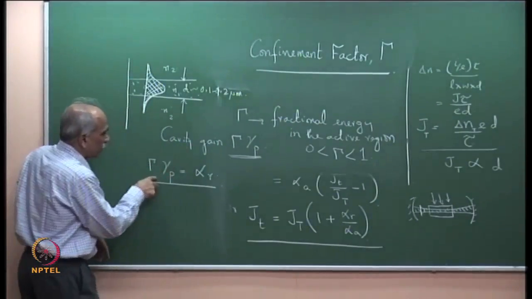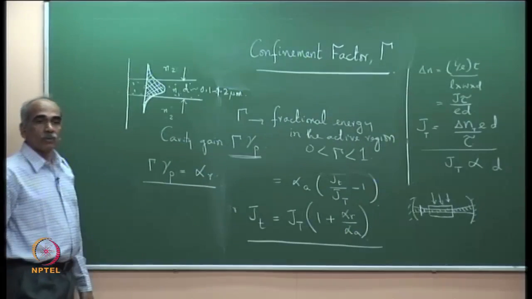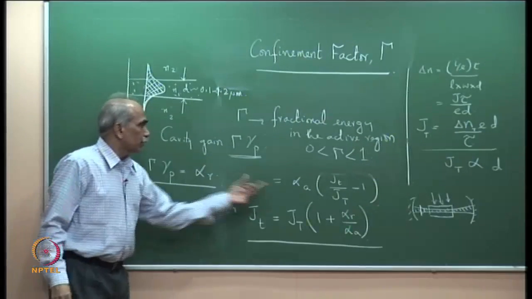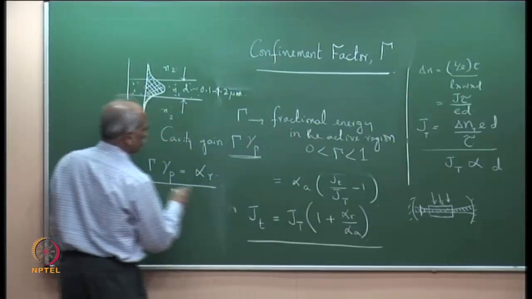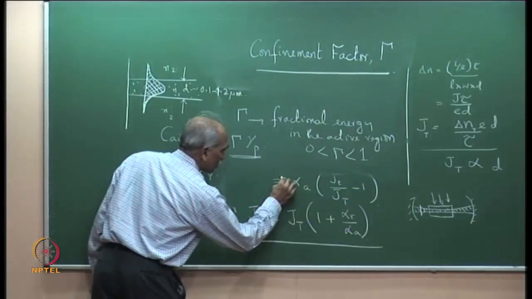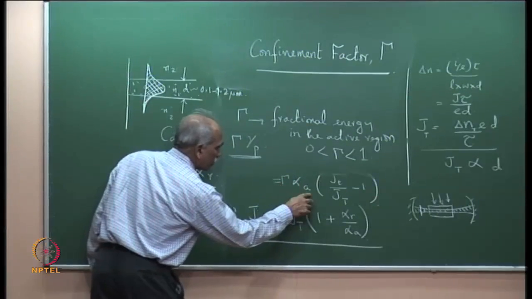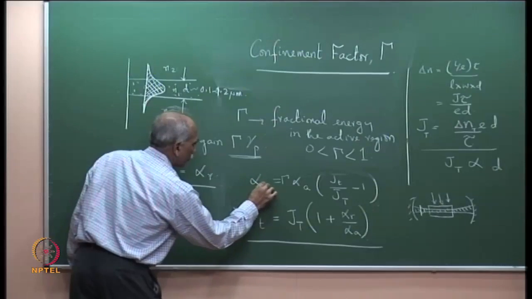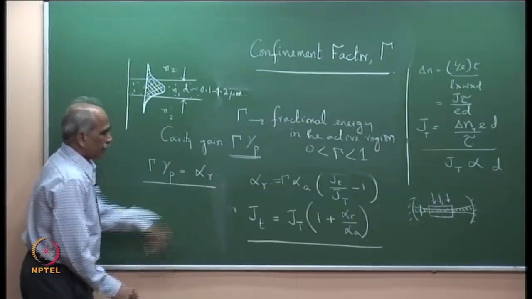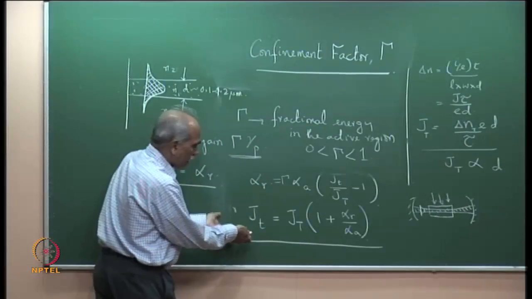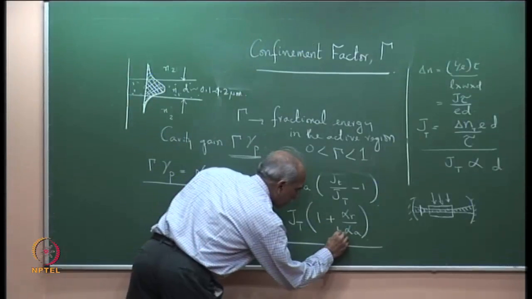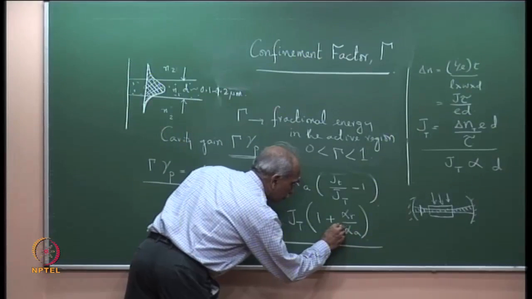This is the cavity gain. Cavity gain is equal to loss. So, you substitute this here, cavity gain is equal to alpha R, which means I have to substitute gamma times this equal to alpha R. So, what you will get is Jt, I will write in the same expression, there is a factor gamma which will come here.